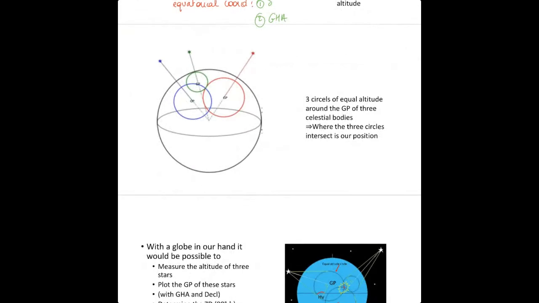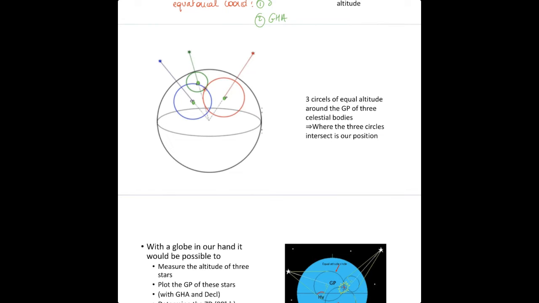So, in practice, what can we do? If we have the possibility to take 3 celestial observations, one here, one there, and one there, we can determine 3 different equal altitude circles. If we have done very good observations, in order to find our position, we can find the intersection between these 3 altitude circles.